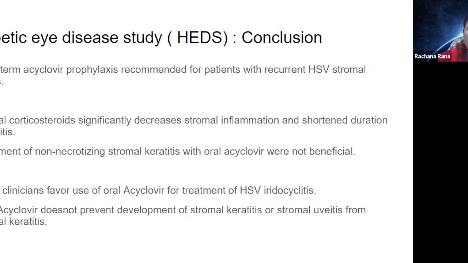Treatment of non-necrotizing stromal keratitis with oral acyclovir was not beneficial. Many clinicians favor the use of oral acyclovir for the treatment of herpes simplex iridocyclitis, but because of the small sample size, it has not been proven in the HEDS study. Also, oral acyclovir does not prevent the development of stromal keratitis or uveitis after epithelial keratitis.